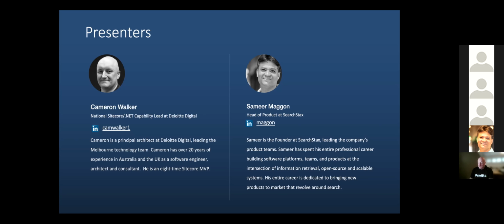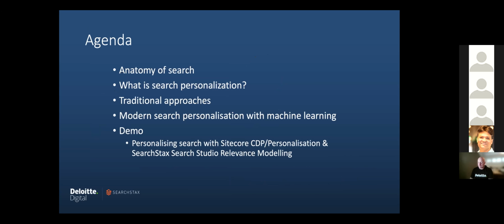Do you want to swap slides, Samir? Cool. So in terms of the agenda, we're going to go through a little bit of groundwork. A bit of anatomy of what search is and what's involved inside it, what search personalization is, and how we would have traditionally done search personalization in the old world.